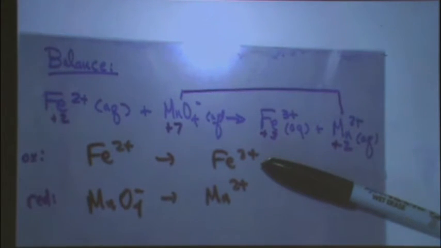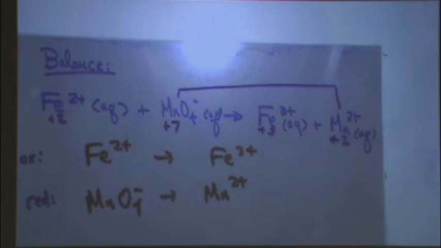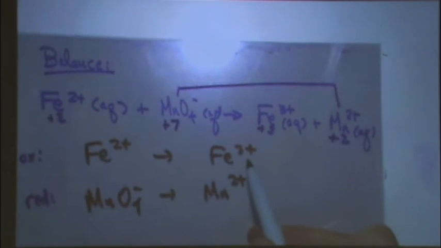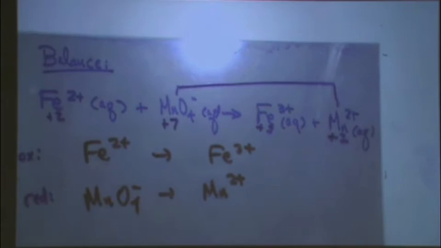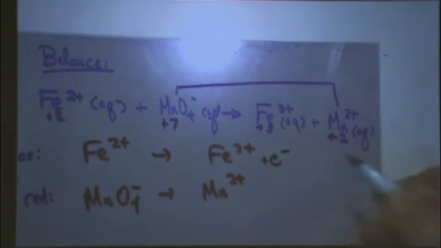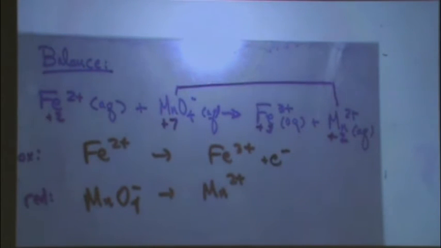Step 4, you balance the charge. We have a 2 here and a 3 here. I'm going to add an electron to which side, right or left? Yeah, if I add an electron to the right-hand side, that makes the right-hand side +2, and the left-hand side is +2. As long as they're equal, that's good. So the oxidation half reaction is now balanced.